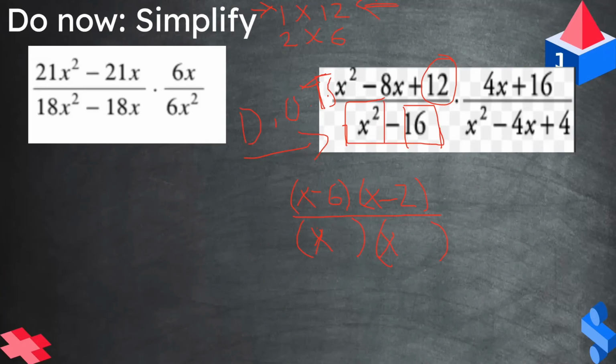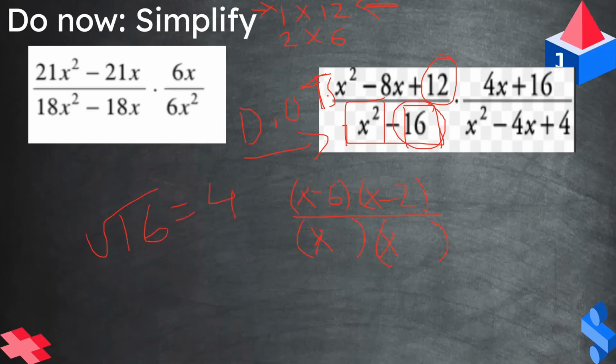And then, 16 is a perfect square, so what are the two numbers that you should multiply to get 16? What I'm asking is, if 16 is a perfect square, what is the square root of 16? 4.